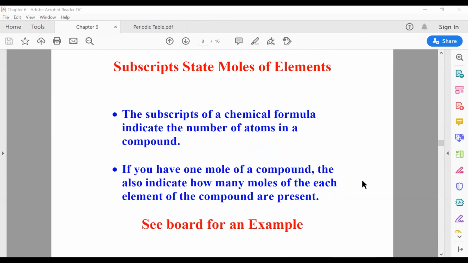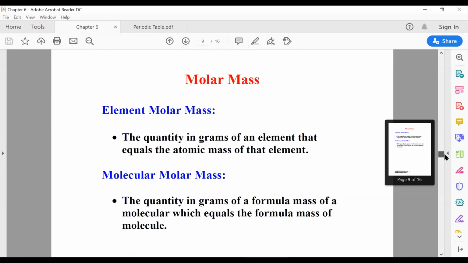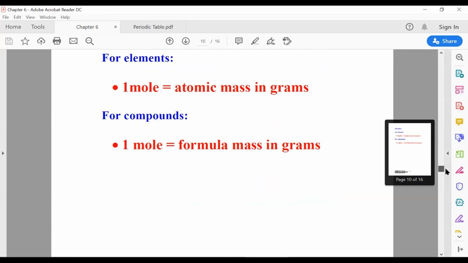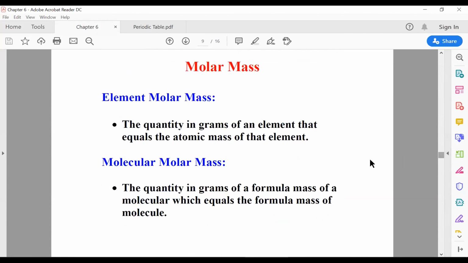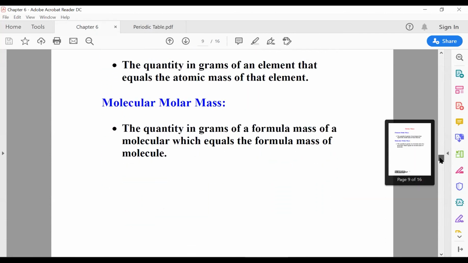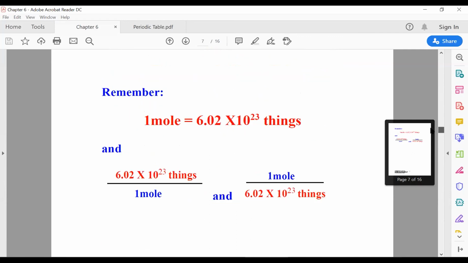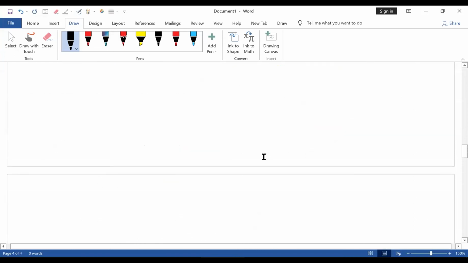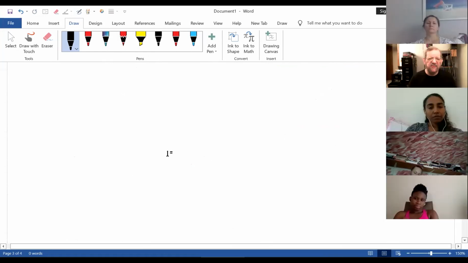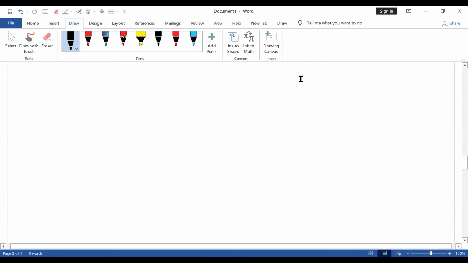This I'm going to skip about moles of elements. All right, let me check something out. I'm missing a slide here. Time for me to go to my whiteboard. Everybody see my whiteboard with the little pens there? Thank you. I'll have to add this slide.